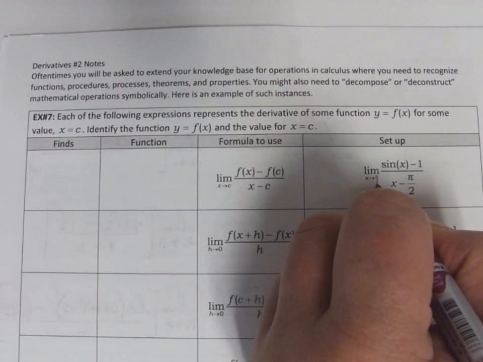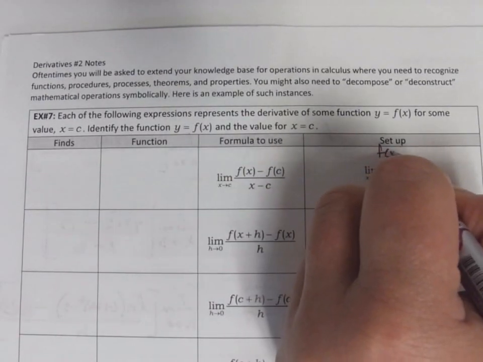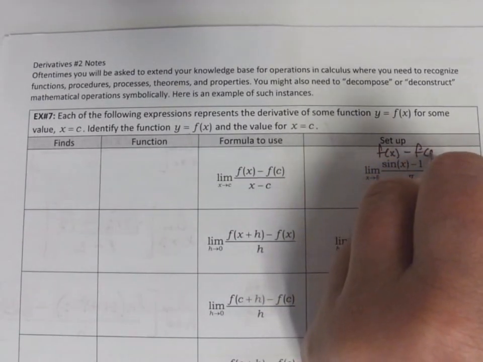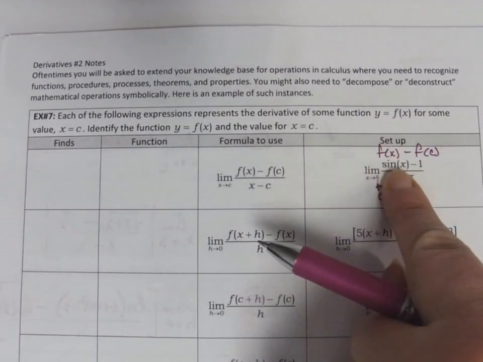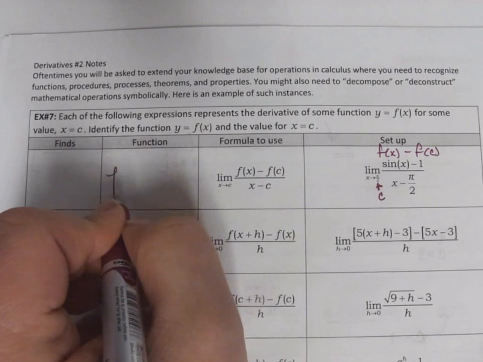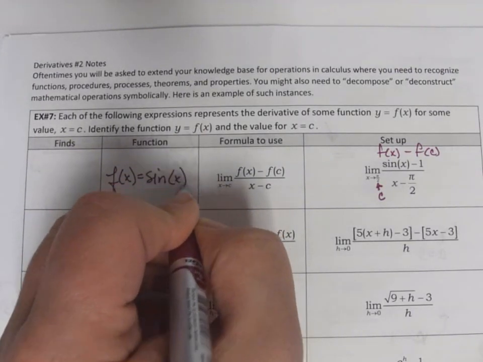So this right here is our c value. Now on our numerator, this is f of x, this is minus f of c. So if we want our function, it's found right here by sine of x. So f of x is equal to sine of x.